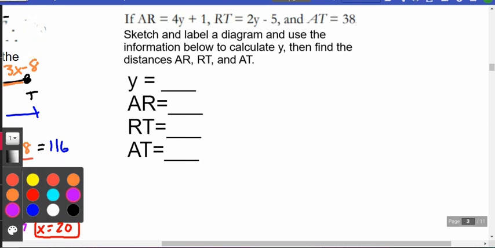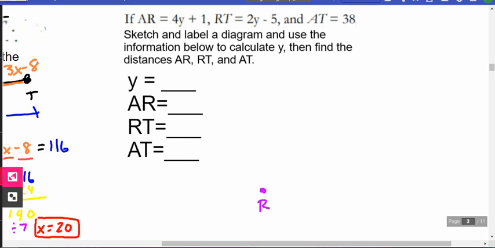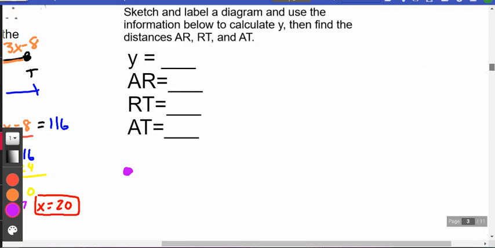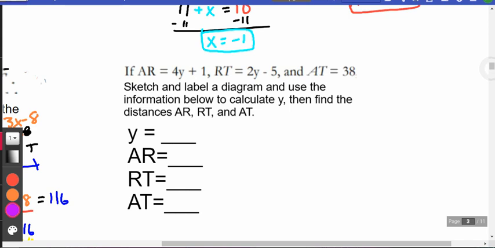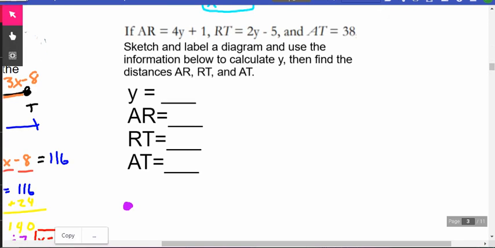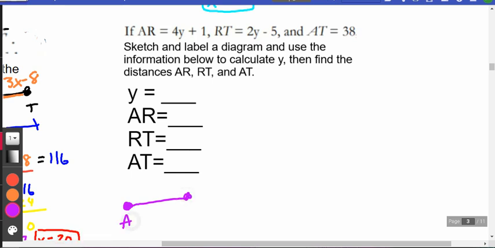All right, so we have AR, okay, and RT. I'm gonna set this up a little different. So AR is 4y plus 1.